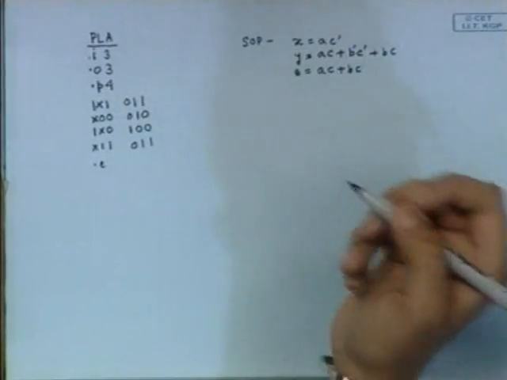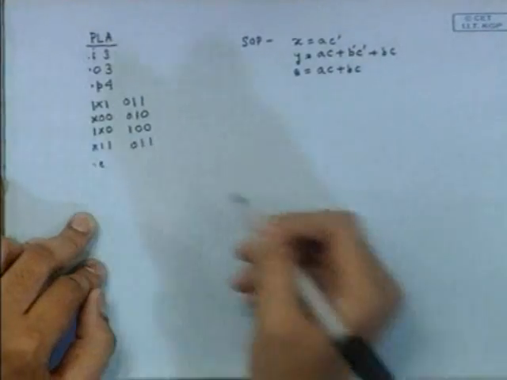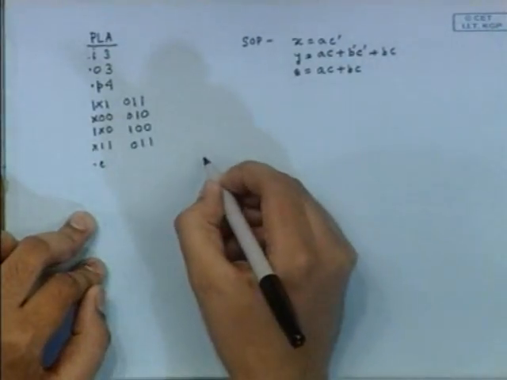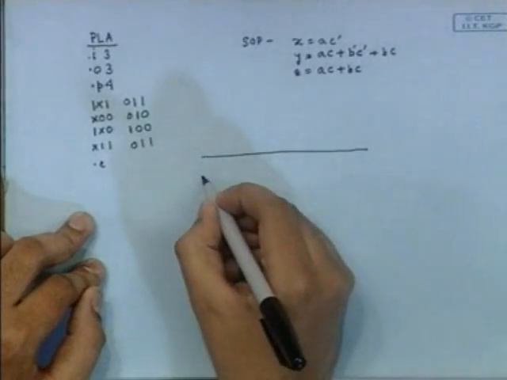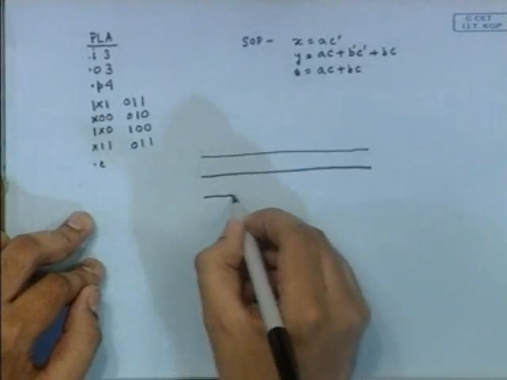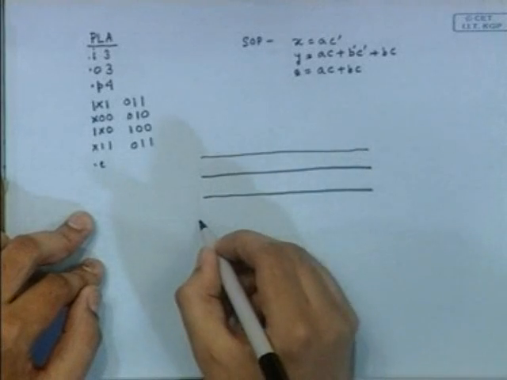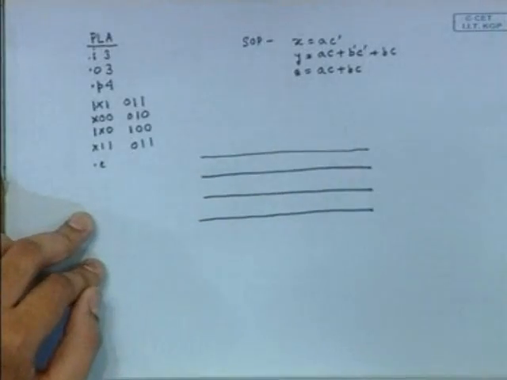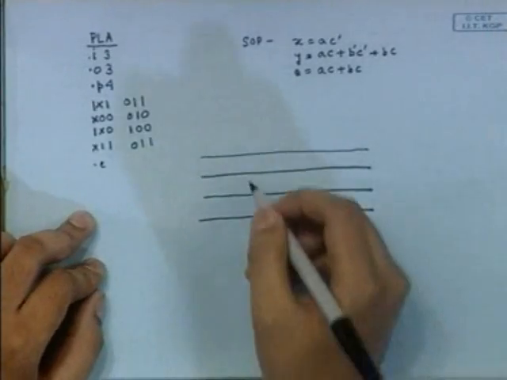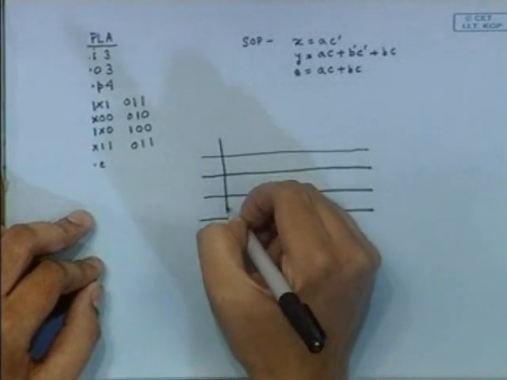Using the AND plane and OR plane, we specify the functions. Now this is the PLA representation. You have 4 product terms and you have 3 inputs.